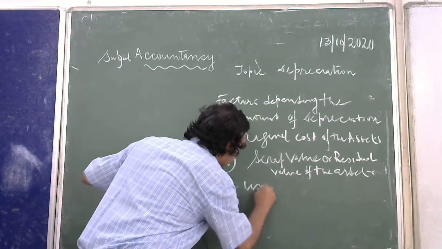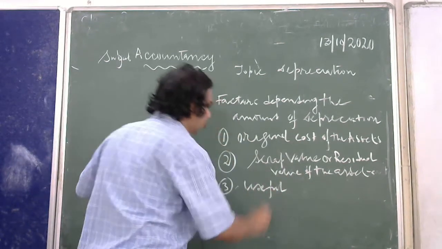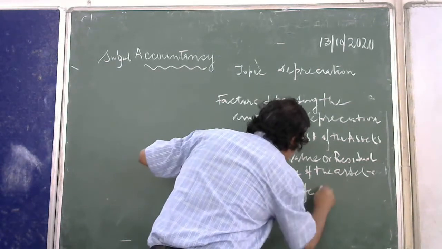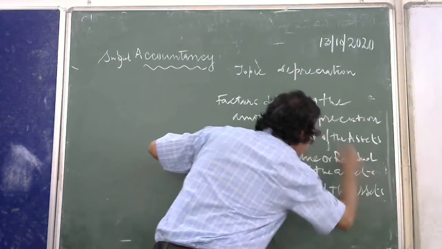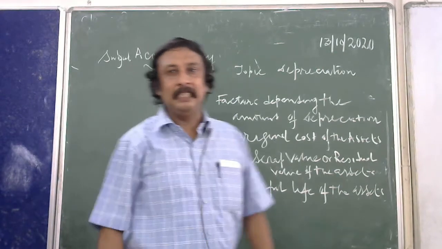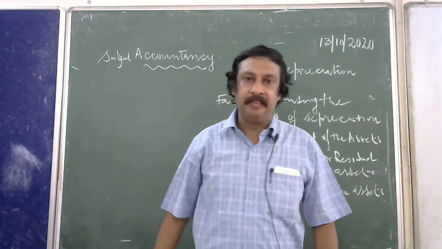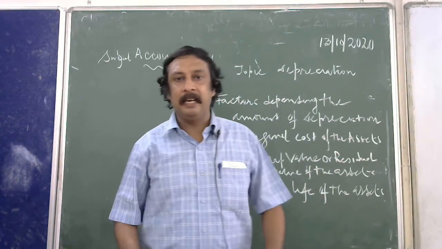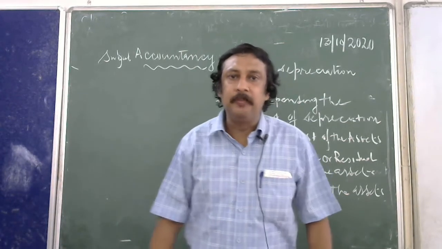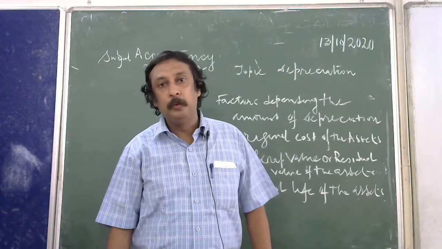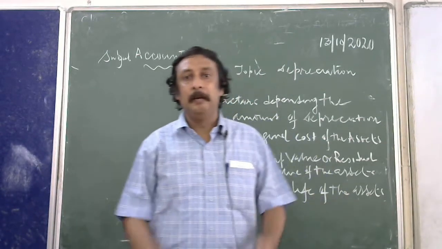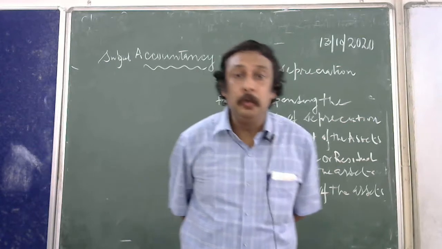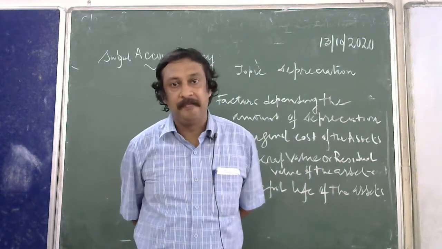Number 3, it will depend on the useful life of the assets. The useful life of the assets is an estimated life, an estimate of how long the assets can be used. The assets may be physically present, but may lose their useful life.